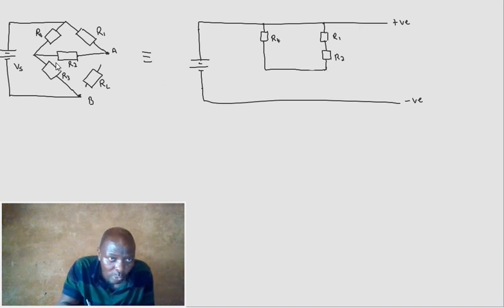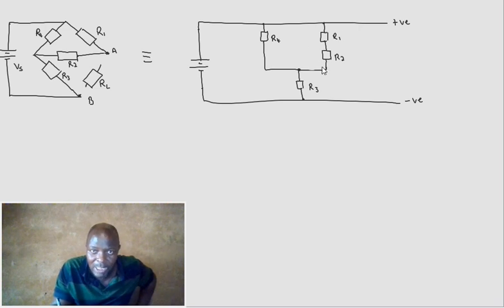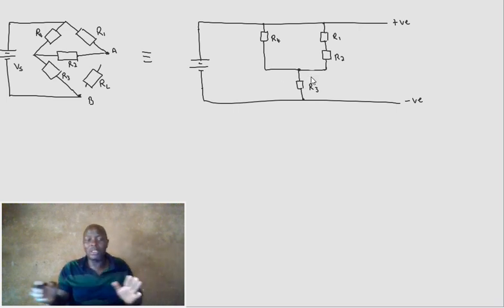Once they've joined, they continue to the negative through R3. Now you can see this is easy. That's your series value. Once you've got your series value, you can make out your parallel value. Once you've got your parallel value, you can make out your total.